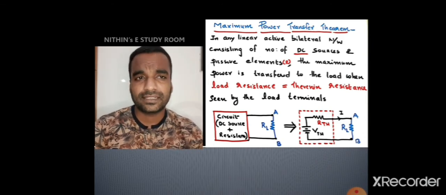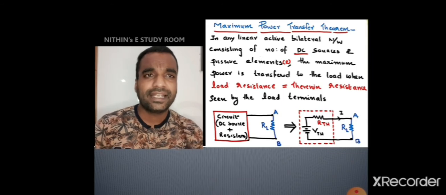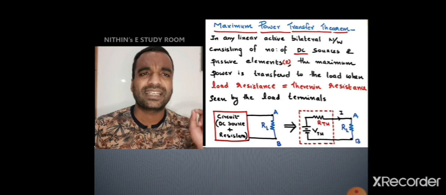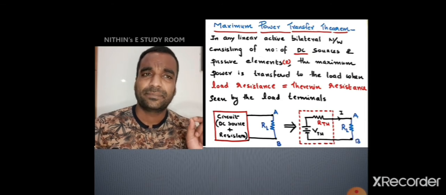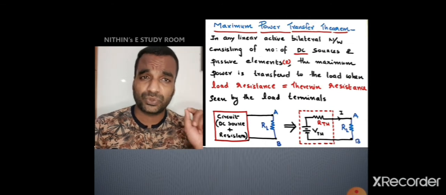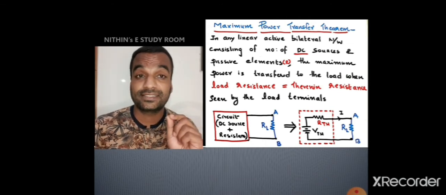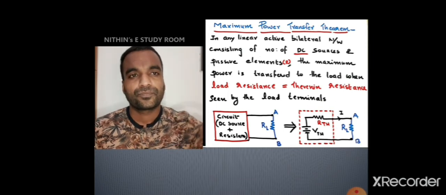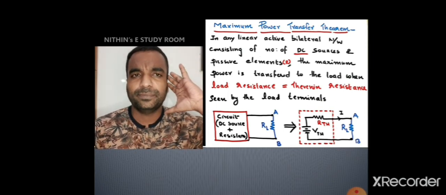Anyhow, we can just go through these slides. In any linear active bilateral network consisting of a number of DC sources and passive elements, that is resistances, the maximum power is transferred to the load when the load resistance is equal to the Thevenin resistance seen by the load. So it is simple.